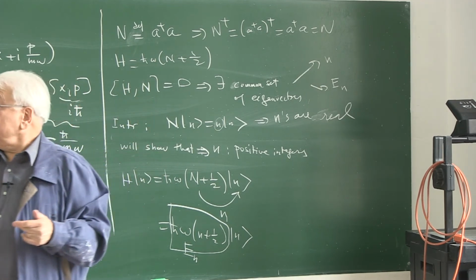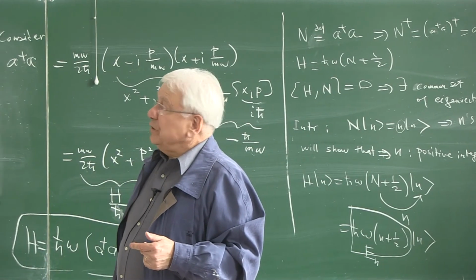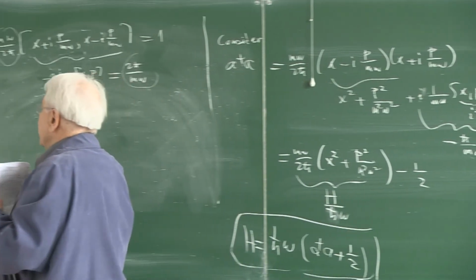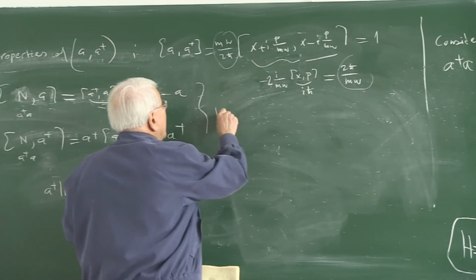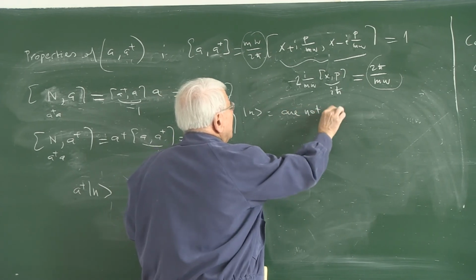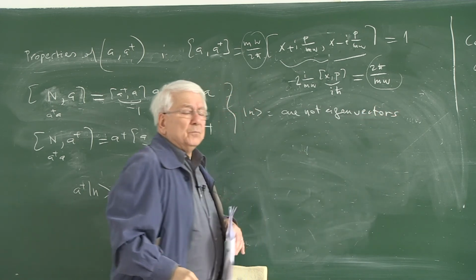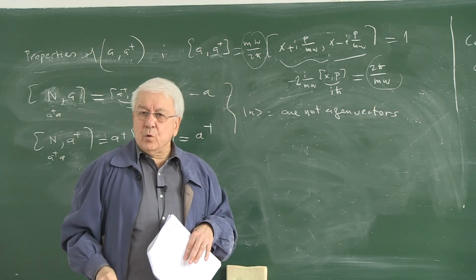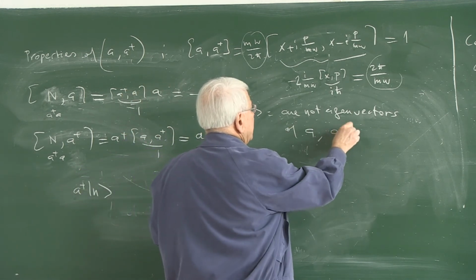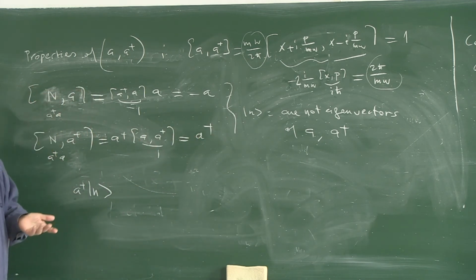Of course, we have demonstrated that n doesn't commute with a and a dagger, so they are not eigenvectors. You may say this is too trivial a statement, but mostly those simple statements are important. So these are not eigenvectors of a and a dagger because these two do not commute with the capital N.